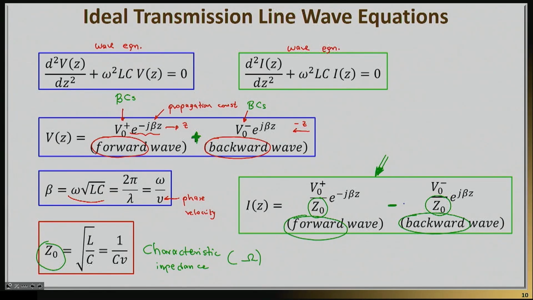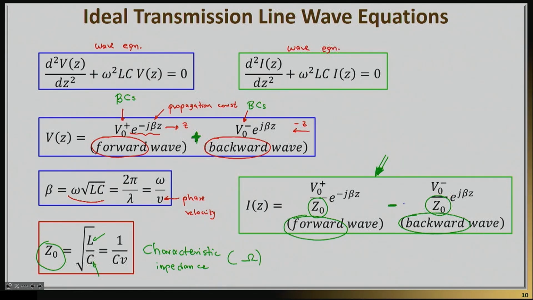So in other words, what is the characteristic impedance of a transmission line? It is nothing else but the ratio of the voltage over the current for the forward wave, or the negative ratio of the voltage over the current for the backward wave. And it's a real number. It has a value of square root of L over C, meaning inductance per unit length divided by capacitance per unit length, and it has units of ohms.